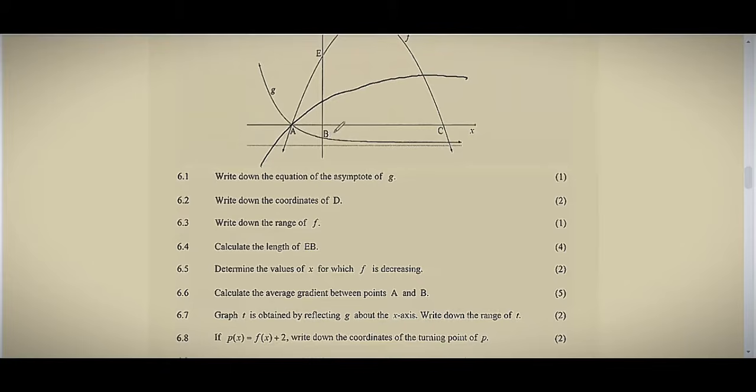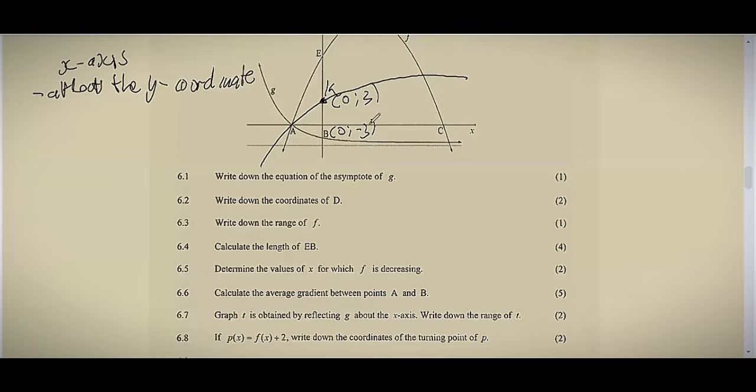So that means our coordinates for B here are 0, negative 3. If we are reflecting this along the x-axis, let's say if we have K, for example, as a reflection of B along the x-axis, what K will be is 0, positive 3. So I hope it makes sense. A reflection about the x-axis affects the y coordinate.